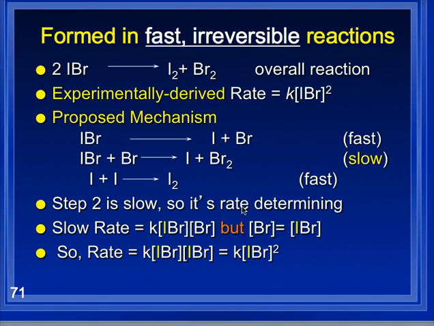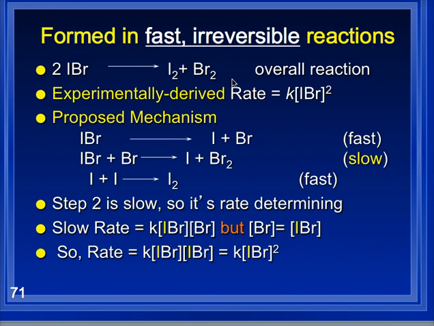So since the second step is the slowest step, and since the molecularity is 2 molecules coming together, the rate law is expressed as rate equals K times the concentration of IBr times the concentration of Br. However, if you look at the overall reaction, you can see that Br isn't the intermediate.